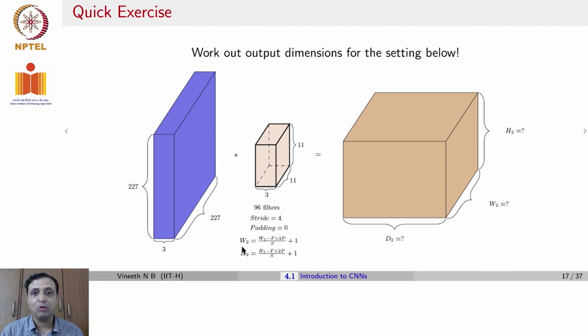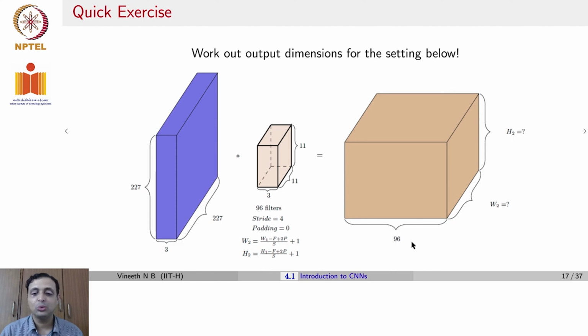We already know that the formula is W2 is equal to W1 minus F plus 2P, divided by S, plus 1, and similarly for H2. Can we now find out what D2, W2 and H2 are? Let's start with the simplest one. What is D2? D2, as we said, is the number of filters, which means D2 is 96.